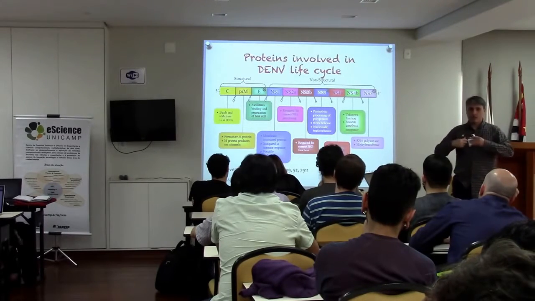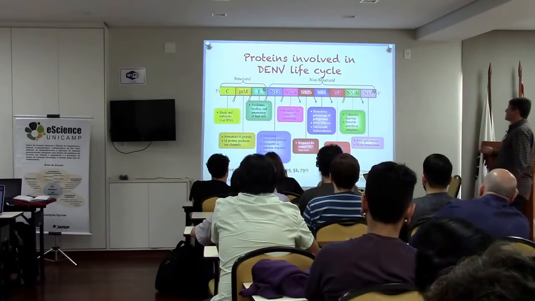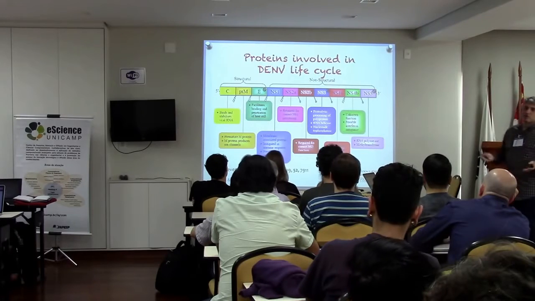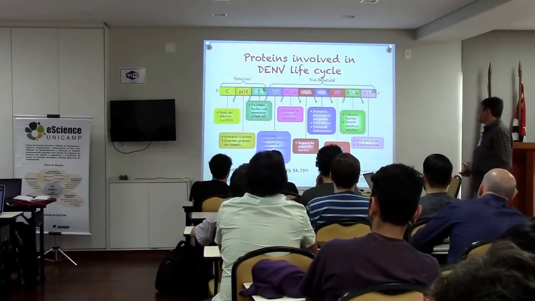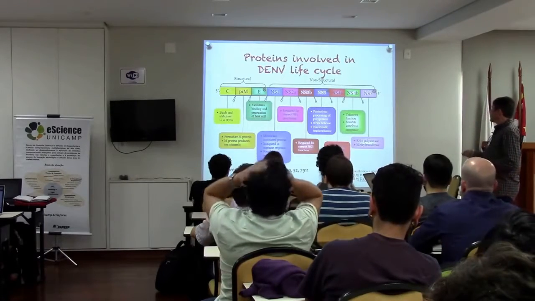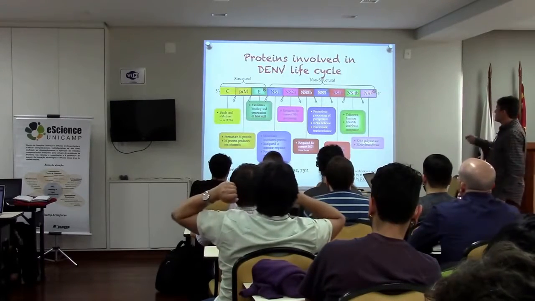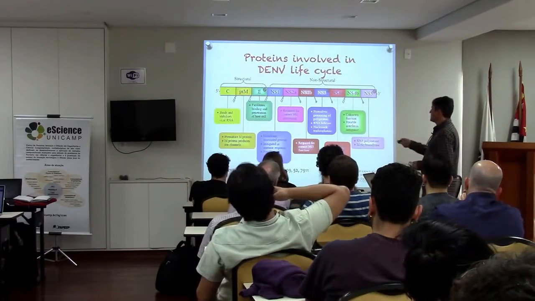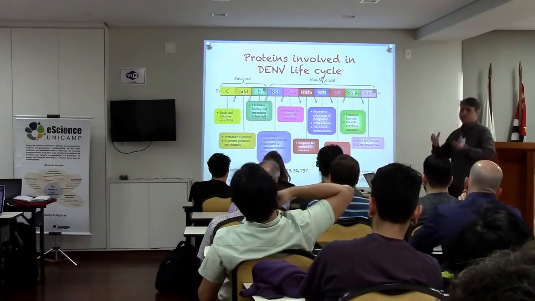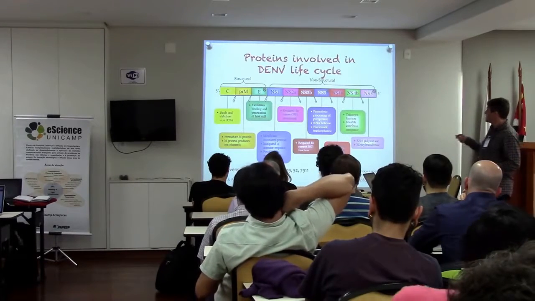So our interest in dengue started from this, because when we came to Brazil, we wanted to work with something that affects us locally. The way the viruses work, as you've seen in Sergio's talk with the image of the Zika virus, dengue is about the same.